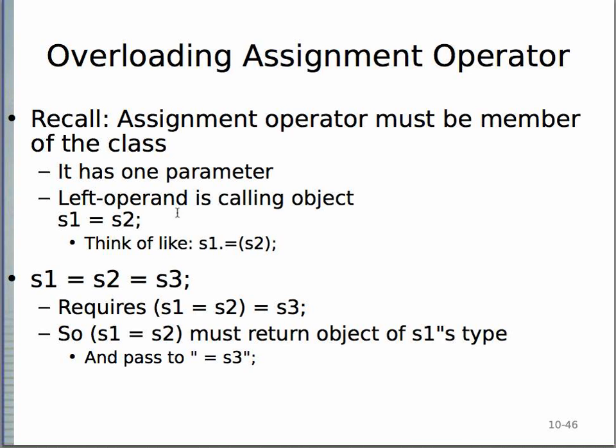Now we want to be able to chain assignments. But we also want to be able to do something like this: put parentheses around the first assignment and then assign S3. On the surface it doesn't really make sense, because in effect we're assigning everything in S2 to S1 temporarily, and the value of this whole thing is S1, so we're assigning the value in S3 into S1.